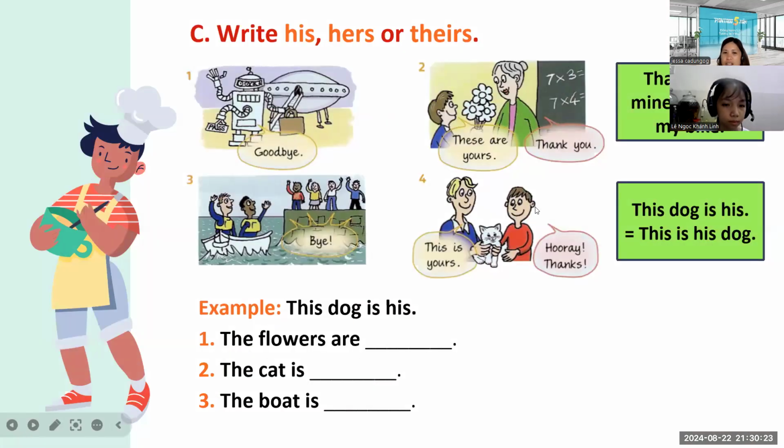Okay, now look at here, Lynn. I want you to write his, hers, or theirs. For example, this is his dog. This dog is his.